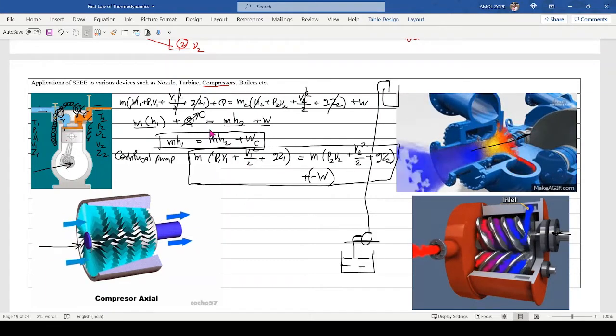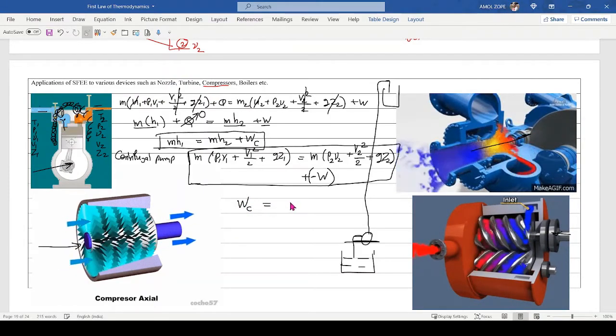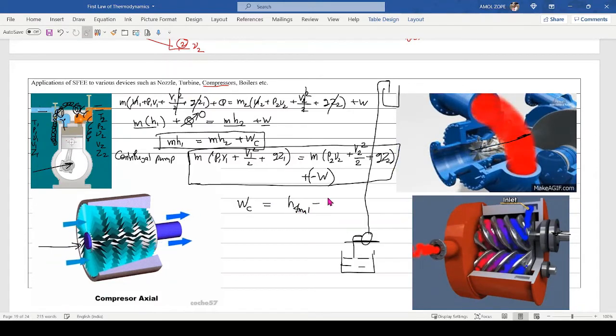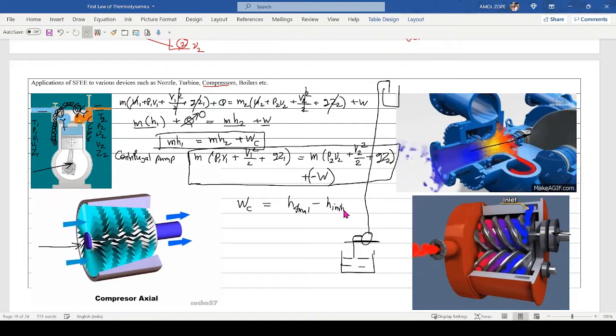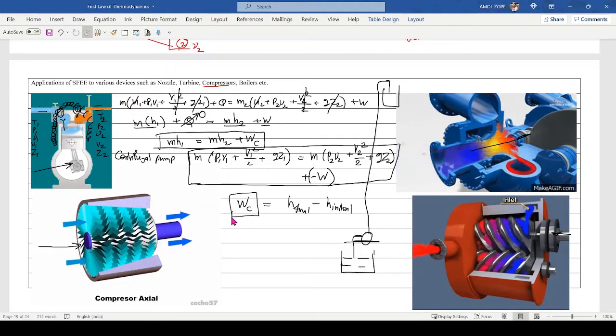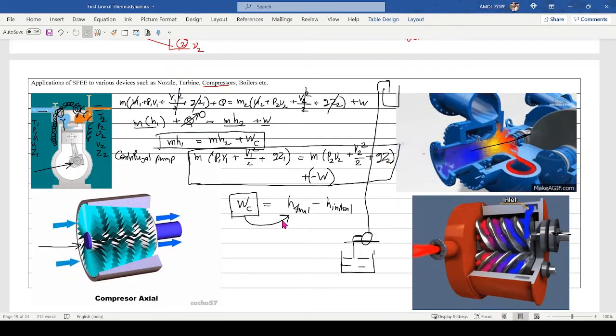So finally, the basic form of this equation is that work of compression will be equal to final enthalpy minus initial enthalpy. What does it mean? When we supply the energy in the form of work, it goes into increasing the enthalpy.